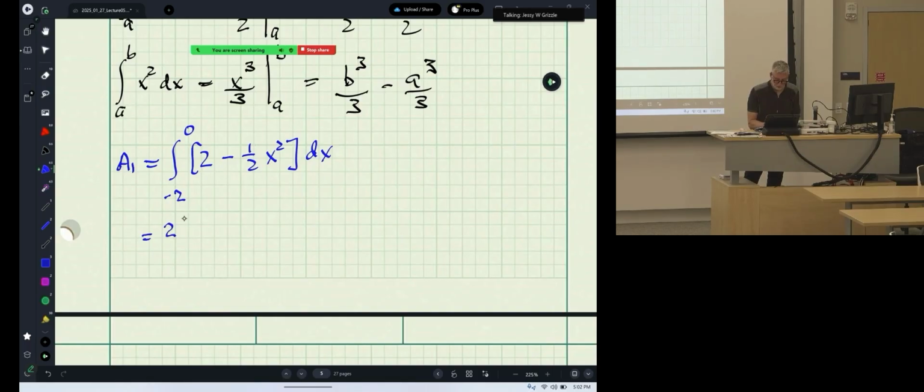So this becomes 2 integral minus 2 to 0, the monomial 1 dx, minus a half integral minus 2 to 0, the monomial x squared dx.